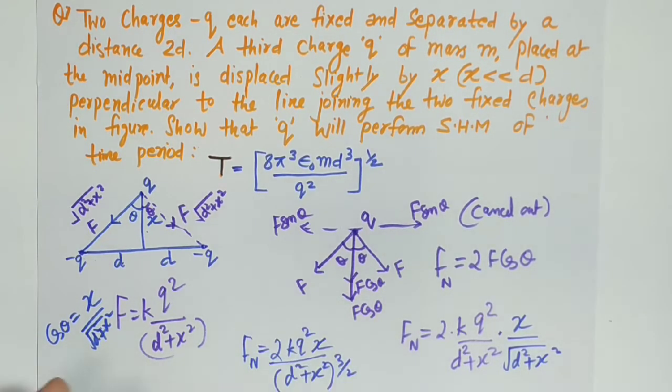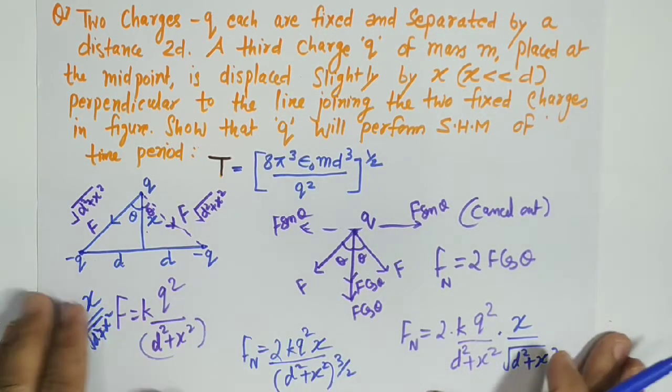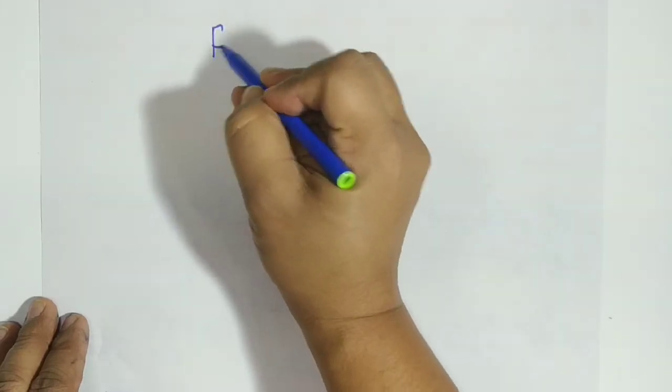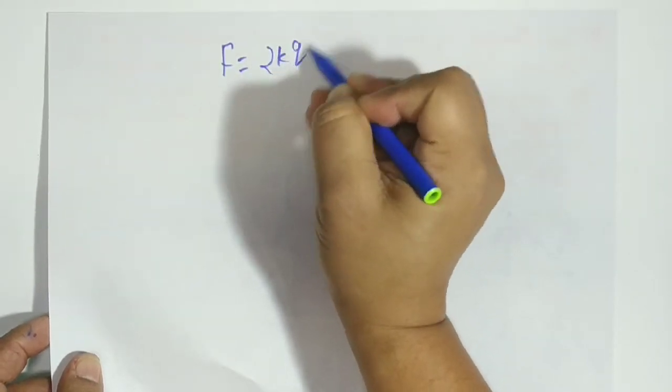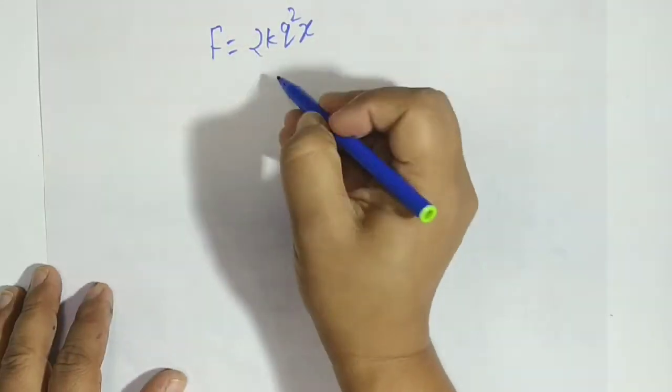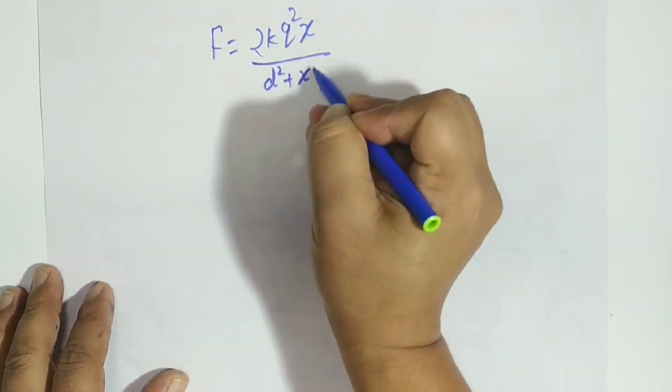2F cos theta, then cos theta you put it here. Now the net force is 2kq square x by d square plus x square to the power 3 by 2.